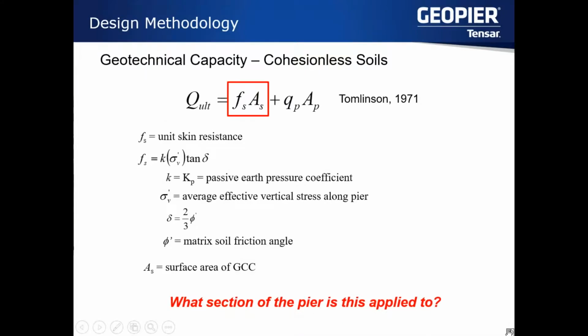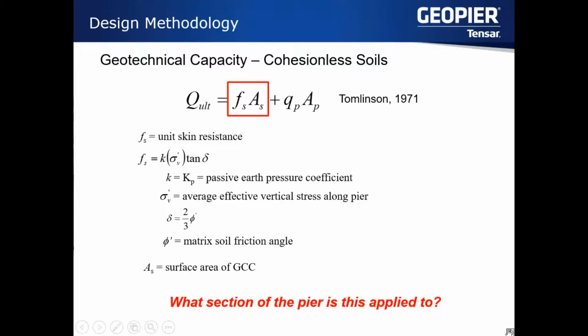And geotechnically, we're considering two components of the element. The first of those is skin friction, and that's simply a function of the surface area of the pier, which we'll use sparingly in calculating resistance. The reason for that is typically we're using these elements to support structures through fill and very soft materials.